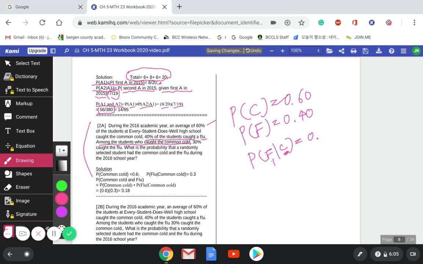Being able to rationalize this is very important, because that is like the probability of a flu given, or a flu after, common cold, which is 0.30. So having this said, the final question is, what is the probability that a randomly selected student has common cold and flu?